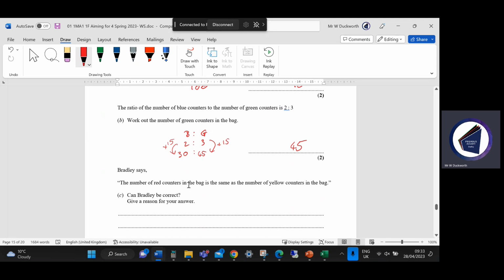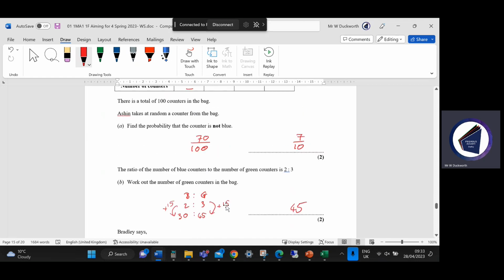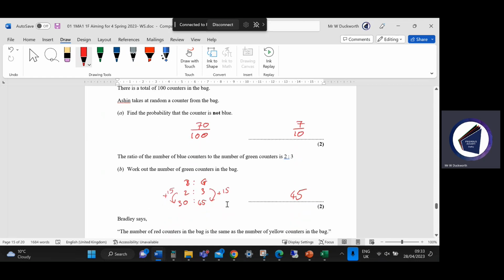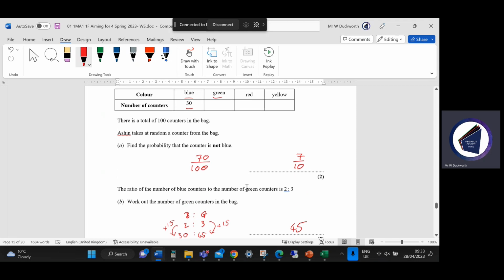Bradley says the number of red counters in the bag is the same as the number of yellow counters in the bag. Can Bradley be correct? So let's think about how many counters we've got used so far. So we've got 45. So currently we've got a total of 75 counters. So 25 of the counters must be red or yellow, and we can't have the same number.